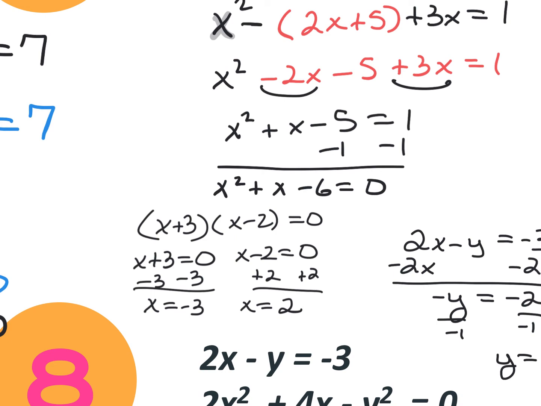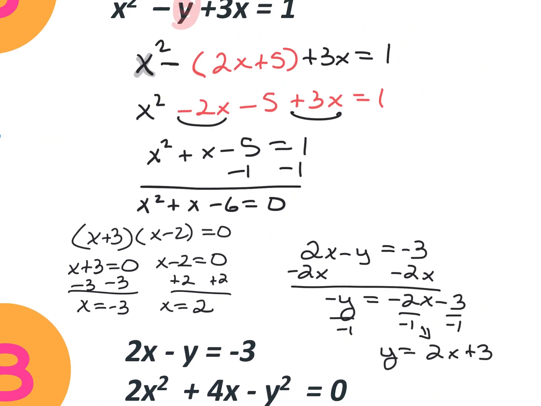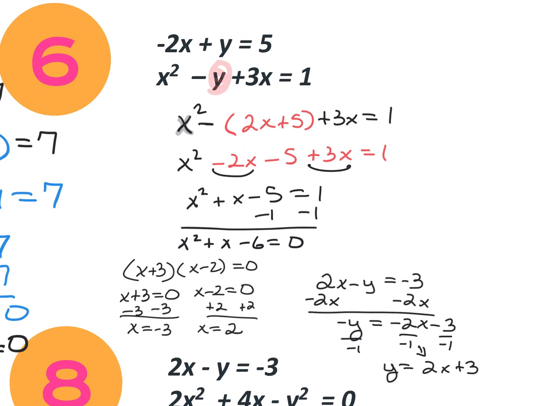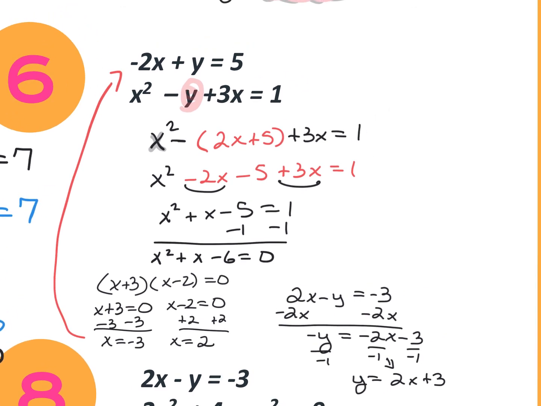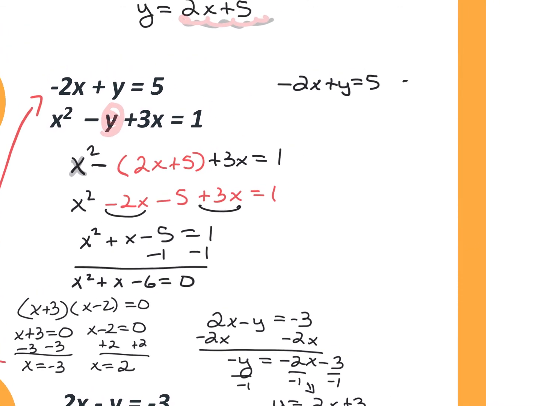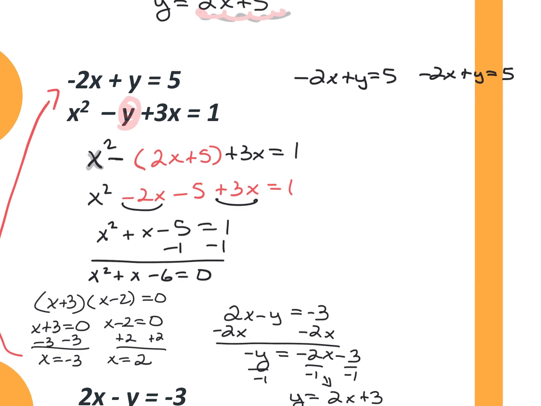Again, we're looking for ordered pairs. So now let me come on over here. So again, I'm going to go back to my original, and I'm going to plug in both of these x values. So my original, -2x plus y equals 5. And then I'll write it again, -2x plus y equals 5. Because I have to plug in both -3 and +2.